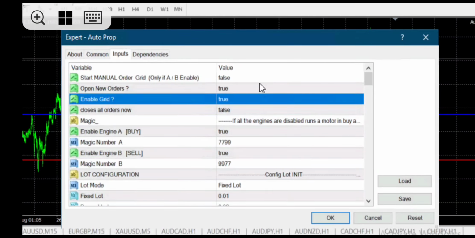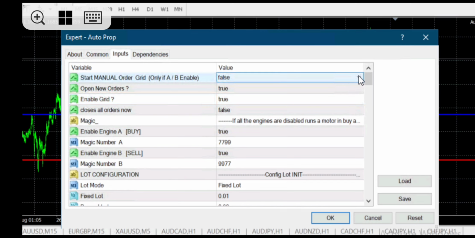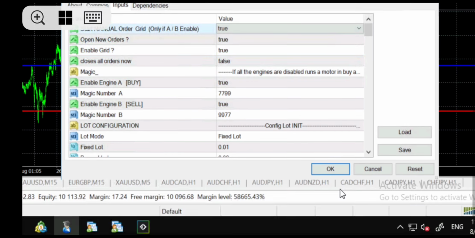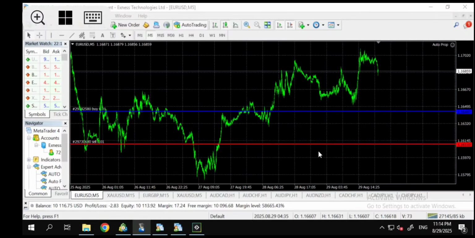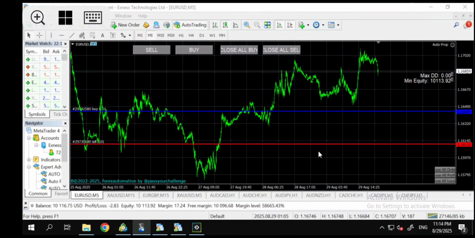Now we have these. So from here, the first thing we have here is start manual order. When you enable this to true, it means you want to trade manually. So it gives you a buy and sell button at the surface of the chart.